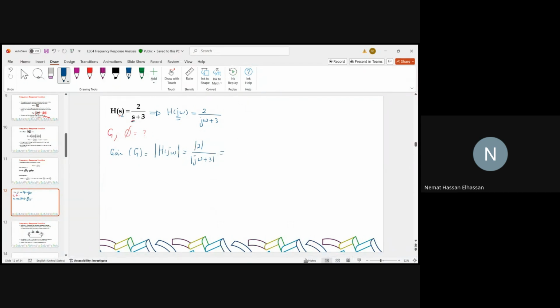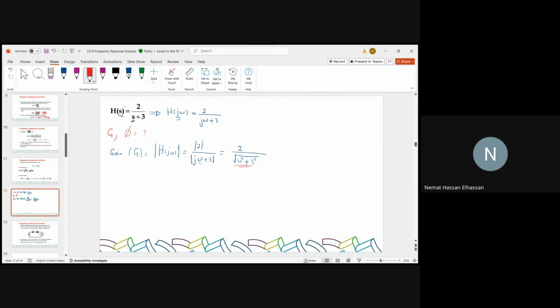The magnitude of 2, or the absolute value of 2, is 2. Now let's look at the denominator, the magnitude of j omega plus 3. This is a complex number, and we know that the magnitude of a complex number is the square root of the real part squared plus the imaginary part squared. So it will be the square root of omega squared plus 3 squared. So this would be our gain.